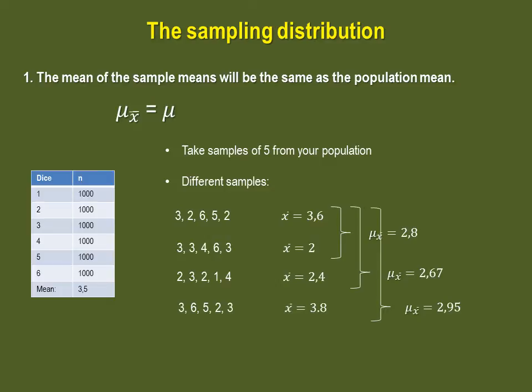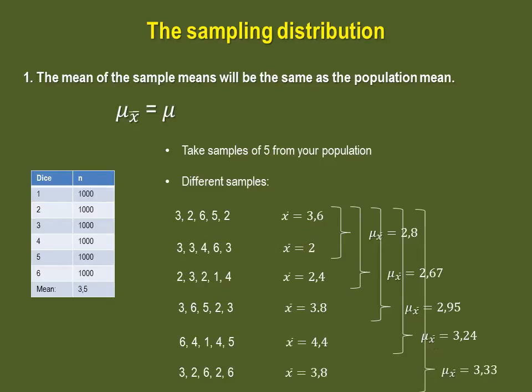With a fourth sample, we end up with a mean of 3.8. Now our mean of means is actually 2.95. And if we take another sample with a mean of 4.4, our mean of means is 3.25. And then yet another sample with a mean of 3.8, our mean of means is now 3.33.